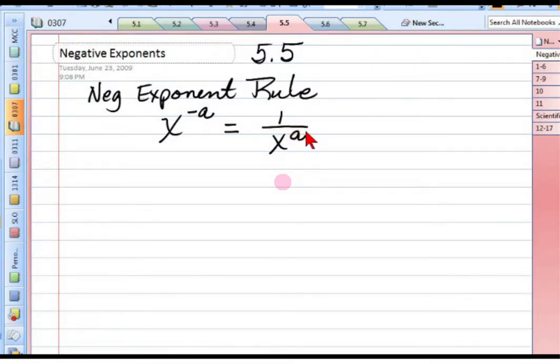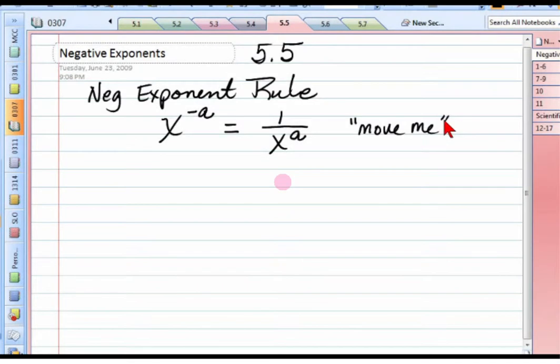At first that seems very strange, that an exponent tells you to move this base to the denominator of a fraction, and then the exponent becomes positive. Negative exponents are inappropriate to be left in answers. They're bad form.